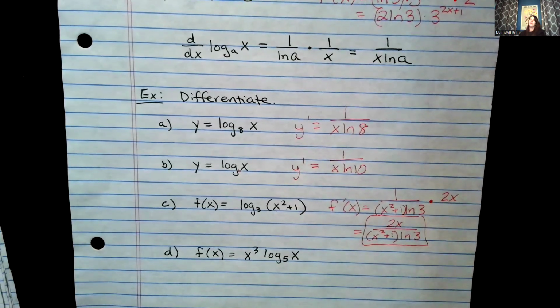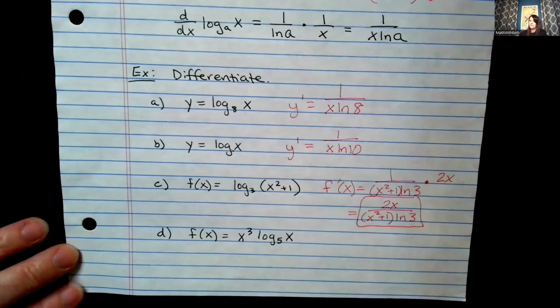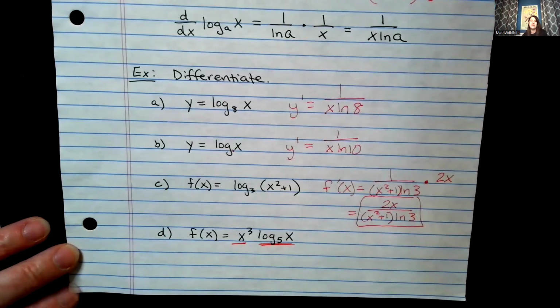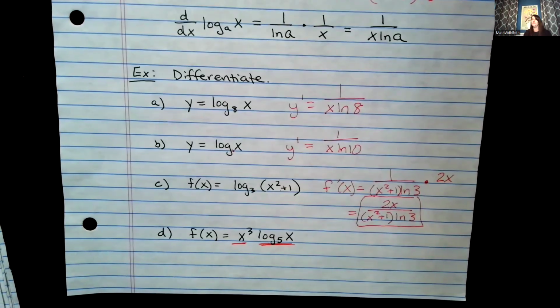Just like all derivatives, they can get pretty complicated when you add chain rules or product rules, stuff like that. So let me do one more example, and this one is the product rule. Do you see that this is two separate functions that have x's? That's how I know I need to do the product rule. And hopefully you know the product rule. Otherwise, there's a video on that.